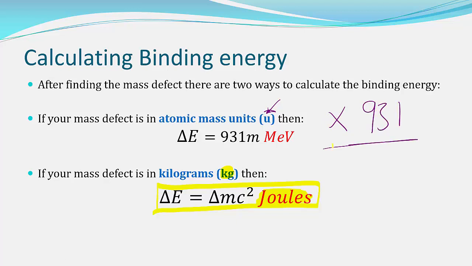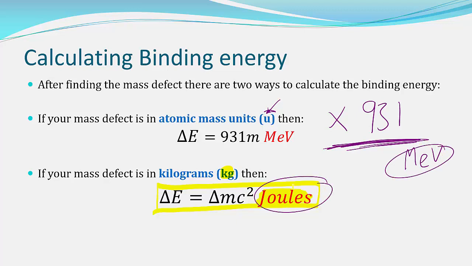If you multiply that number by 931, you will get an answer that's going to be the energy in mega electron volts, not in joules. You'll find that also in your formula sheet: 931 mega electron volts. So for every atomic mass unit missing, the binding energy is 931 mega electron volts. Now, these two are both energy terms, so if you wanted to convert between them, you can. The conversion is 1.6 times 10 to the negative 19.